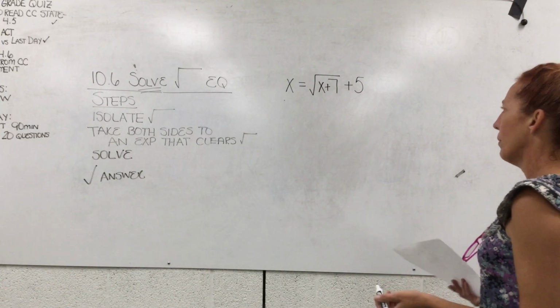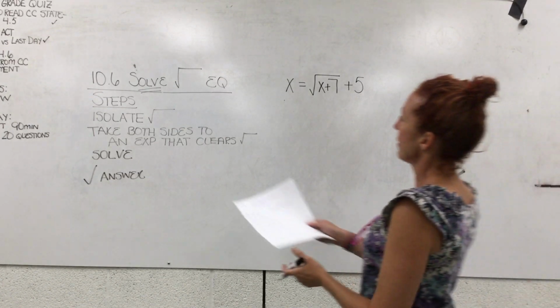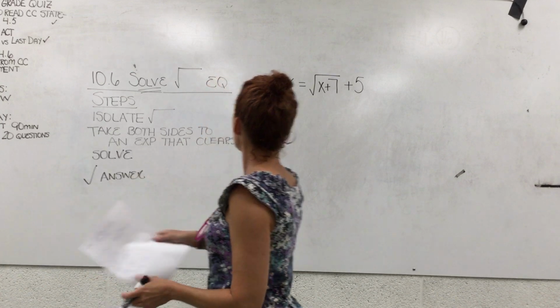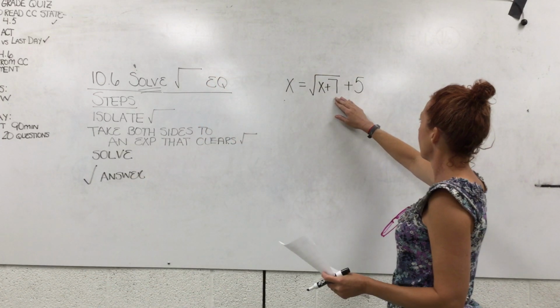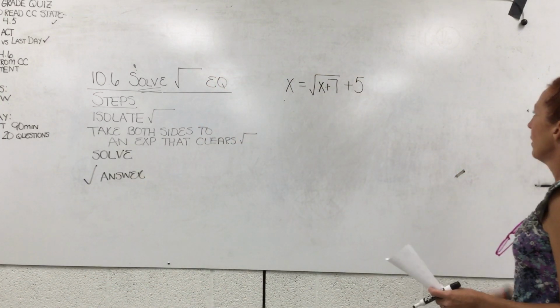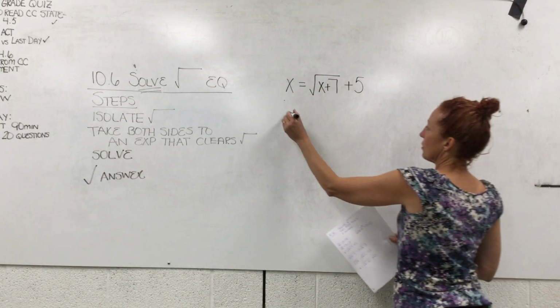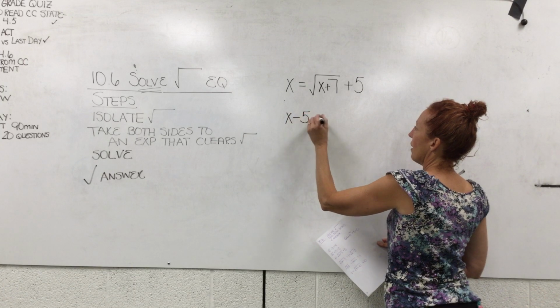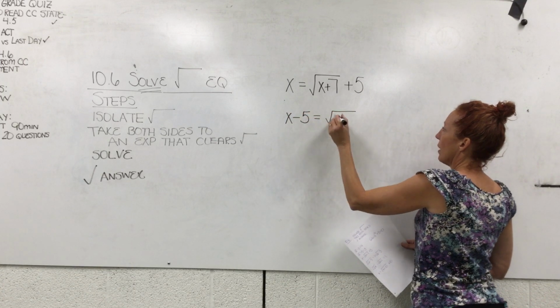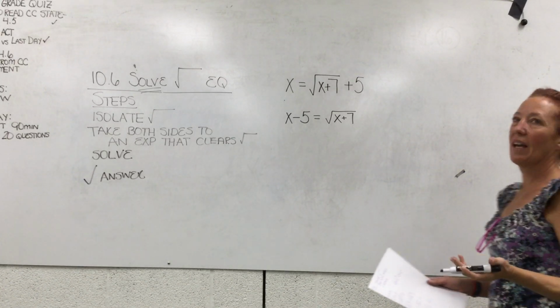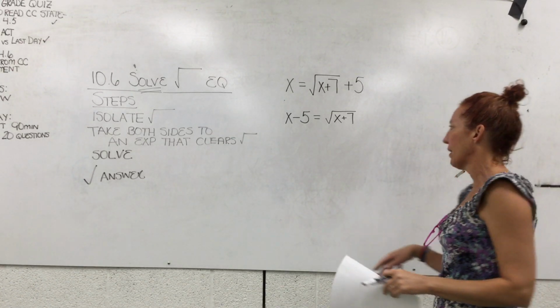All right, so what do we do? How do we start this? It says step 1 right here, isolate our radical. So we need to get this square root of x plus 7 by itself. So I'm going to move that 5 to the other side. So I'm going to get x minus 5 equals radical x plus 7. And I kind of like the radical on the left, I'm not going to lie.